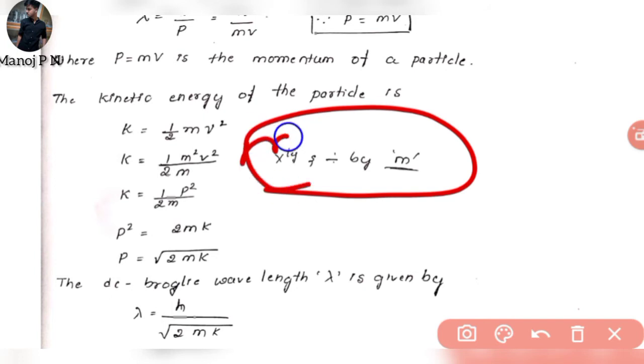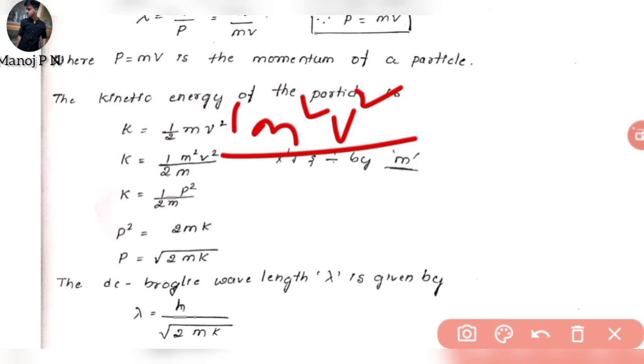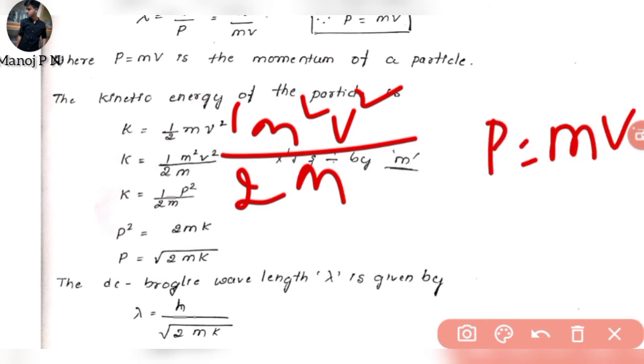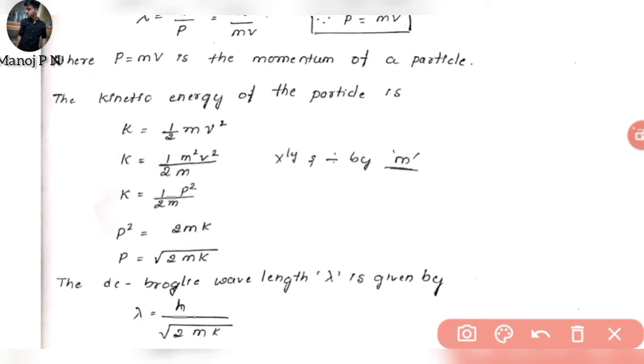If we multiply m to the numerator, it becomes m square v square, and if we multiply m to the denominator, we get 2m. We know that p is equal to mv. If we square both sides, we get p square equals m square v square, right? So we can replace this m square v square with p square.